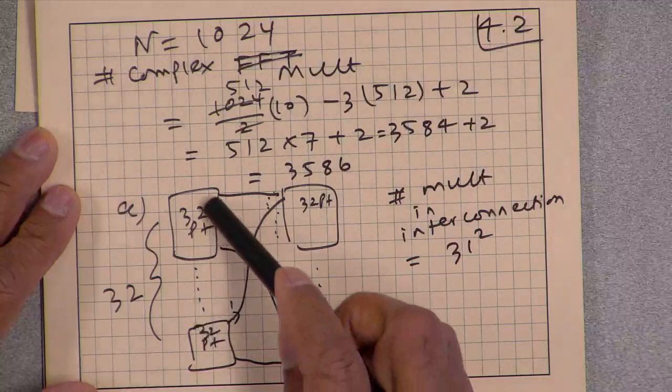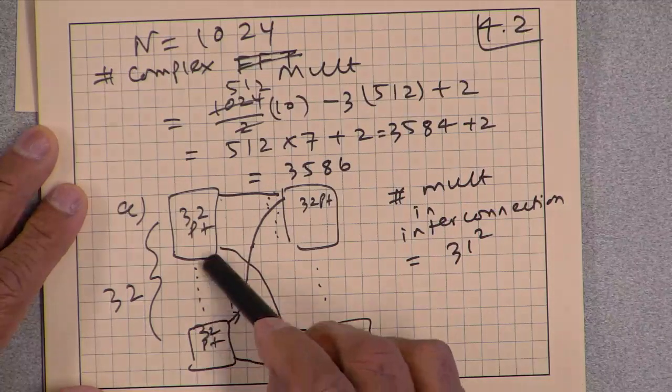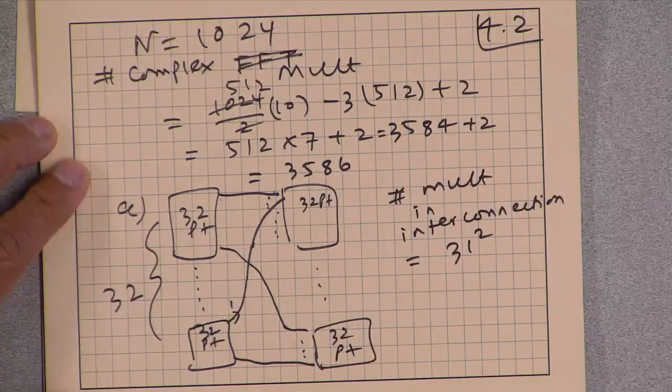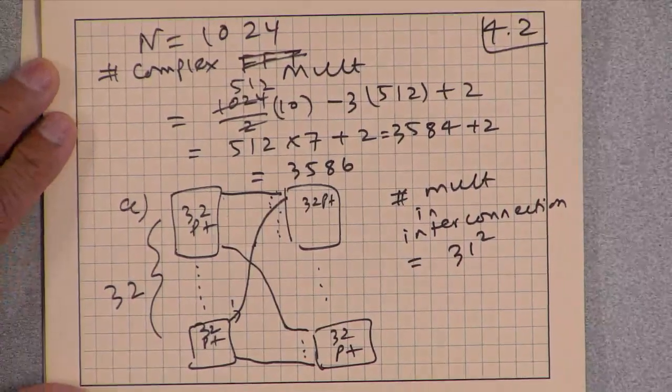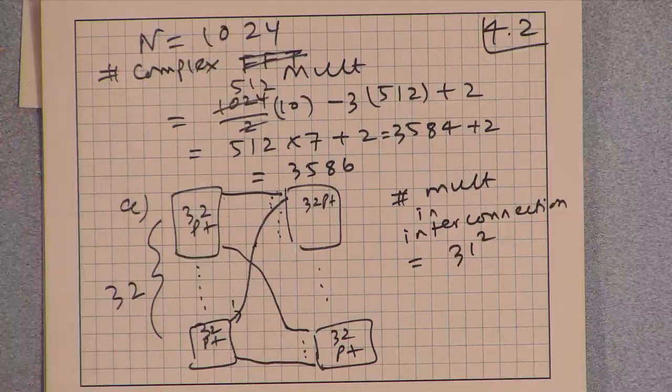Right, so first one doesn't have anything, and the remaining 31, the first ones are always constant 1, so 31 squared, right? Anybody has a different answer, or anybody thinks it could be something else?